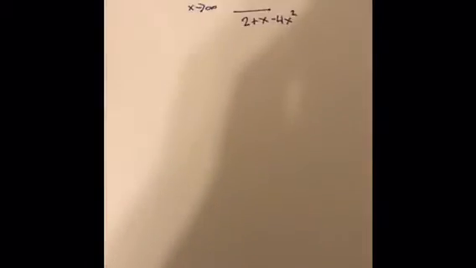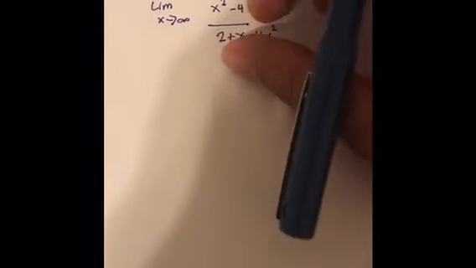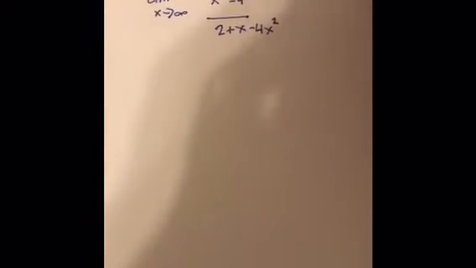This was actually a released AP question from the 2014 AP Calculus BC test. You could either solve it through substitution or some other function, or we could solve it through L'Hopital's rule. However, we have to see if it meets the criteria.